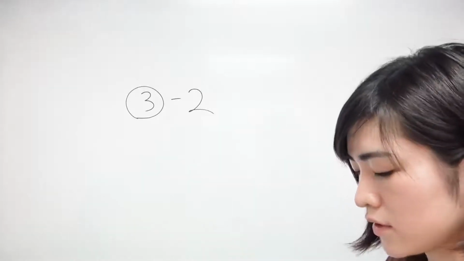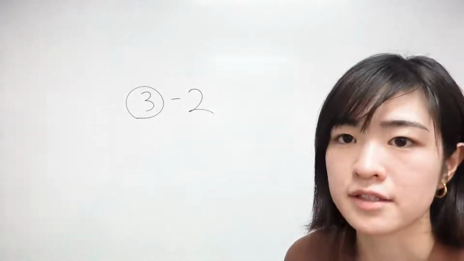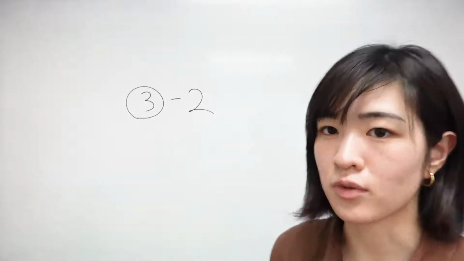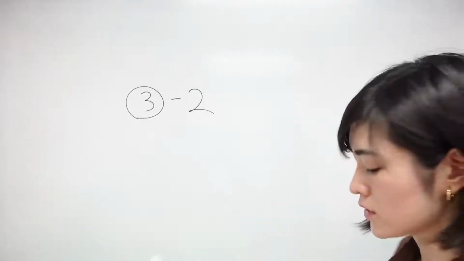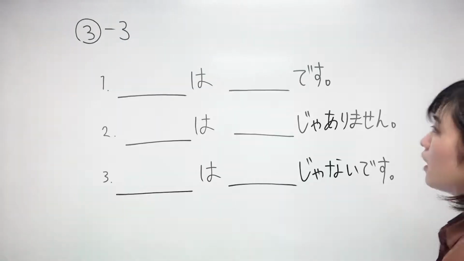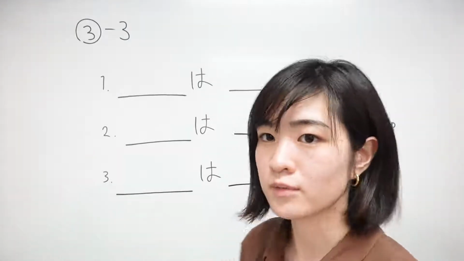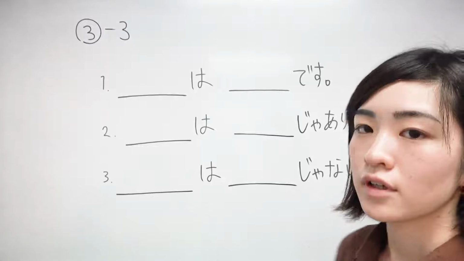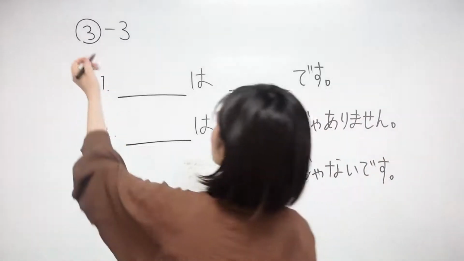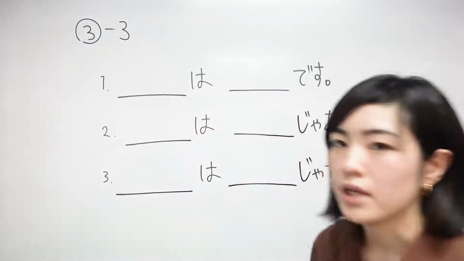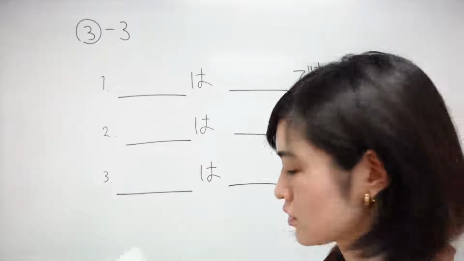And if you don't understand, please try looking at the sentences we did before in our lessons. Okay? Please write down about yourself. And you can stop this video. After you finish writing, we are going to go on to practice 3-3. Okay. So please go on to the writing section.